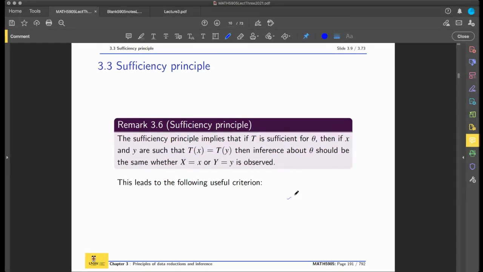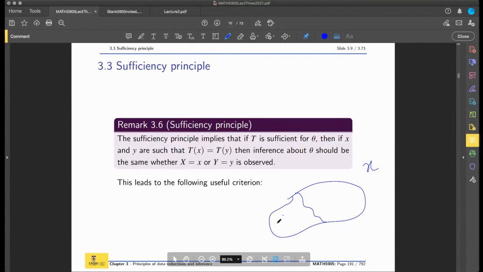Again, looking at this as my sample space, suppose this was my partition set A1, and this was x, and that was y, and I knew that t of x equals t of y. Then my inference should be the same, because all the information is contained in the fact that I know I'm in the set A1, right? That's what sufficiency says.